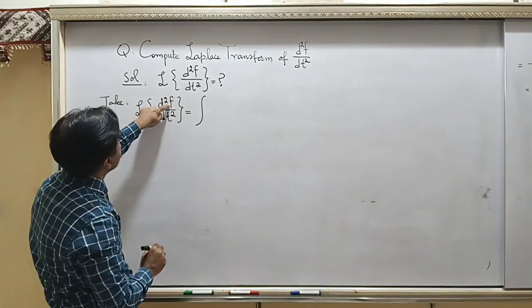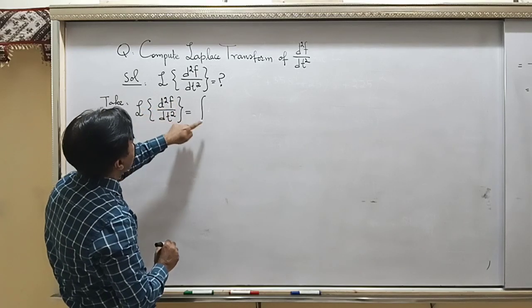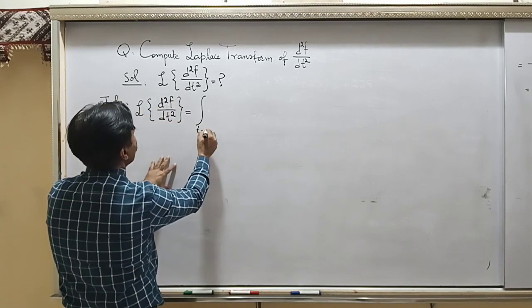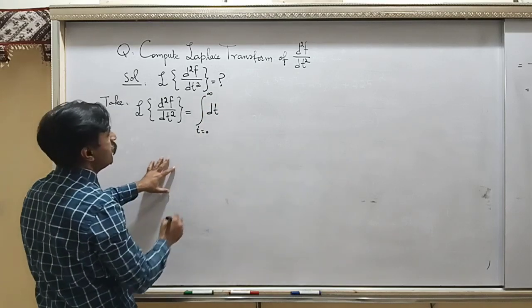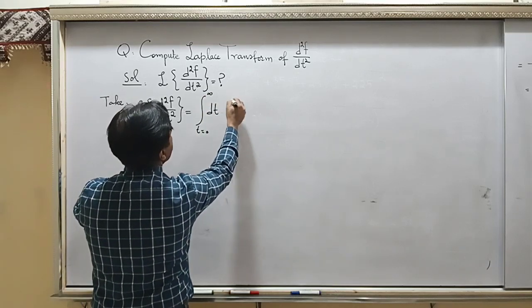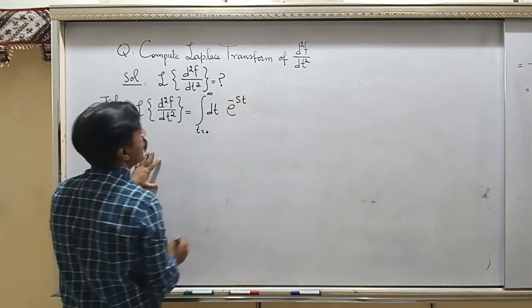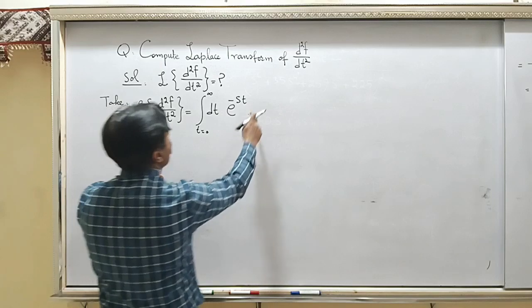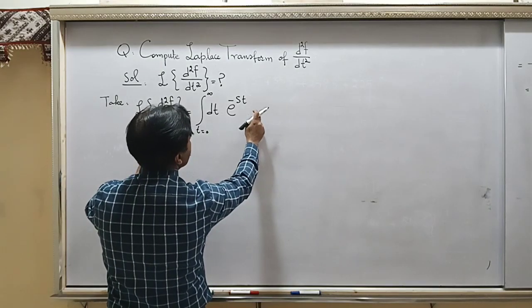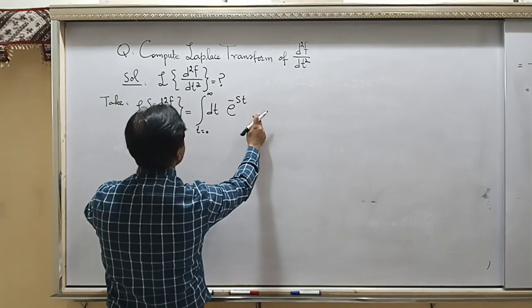So when f is a function of t, that t will be integrated here from 0 to infinity with dt. This is the integration variable. Then there is a kernel e to the power minus st, where s is the new variable and t is the old variable. And here you write the function whose Laplace transform is required.